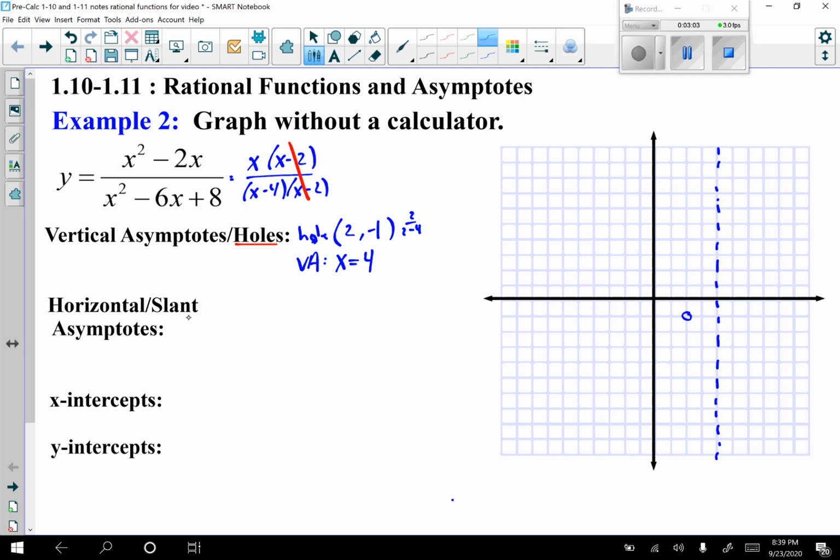Horizontal or slant asymptote. We have to compare degrees for this one. And this one, the original problem has squared on top and squared on the bottom, same degree. So ratio of coefficients was the rule. And this is a 1 over 1 for the coefficients. So horizontal asymptote is what we have. And that is always y equals the number, and 1 over 1 is just 1.